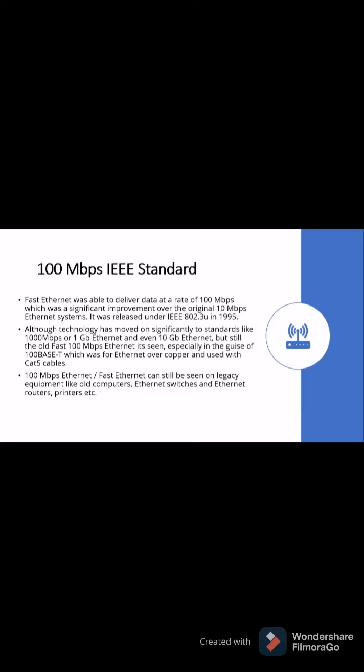Although technology has moved on significantly to standards like 1000 Mbps or 1 Gb Ethernet and even 10 Gb Ethernet, the old Fast Ethernet is still seen, specifically 100BASE-T, which is Ethernet over copper and used with Cat5 cables.